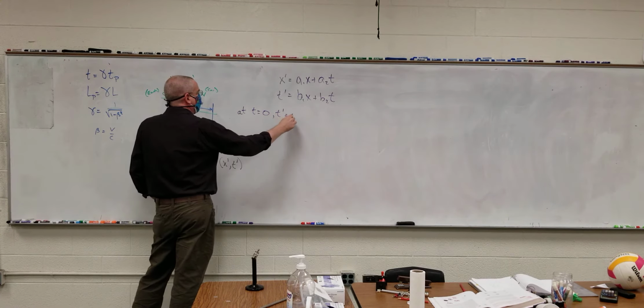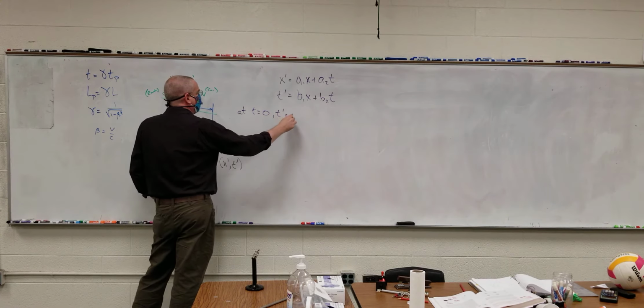So as this moves along, this is where x prime is equal to 0. I just want to look at some time that has passed from both their points of view.